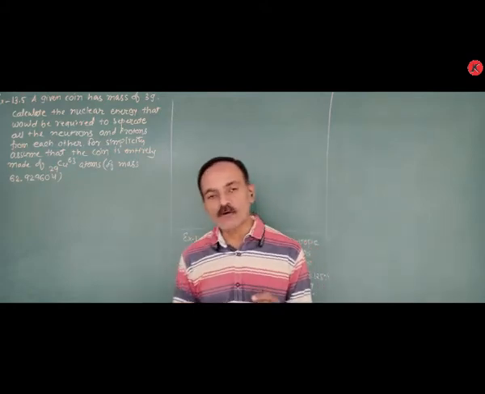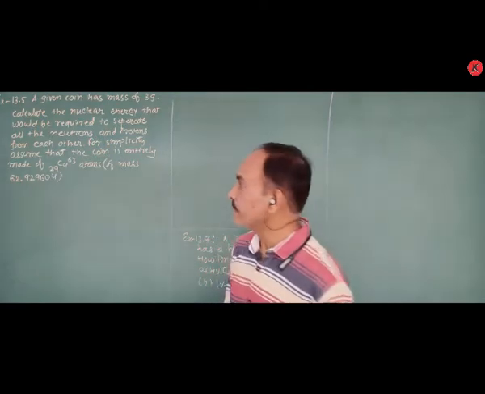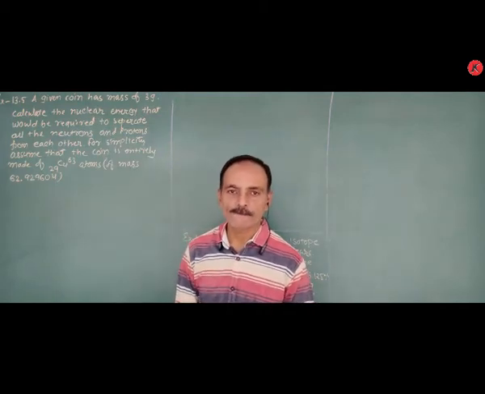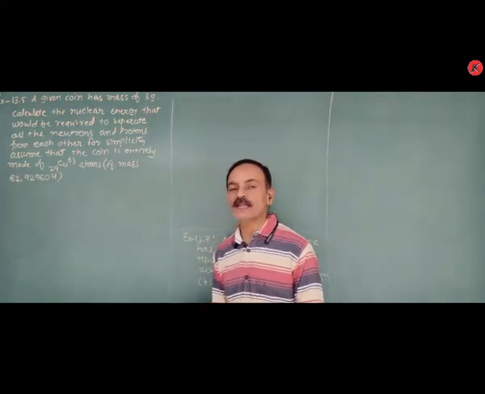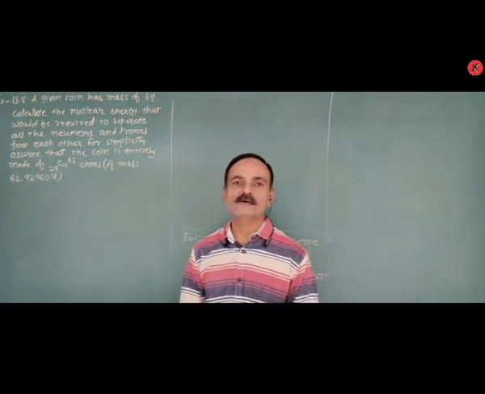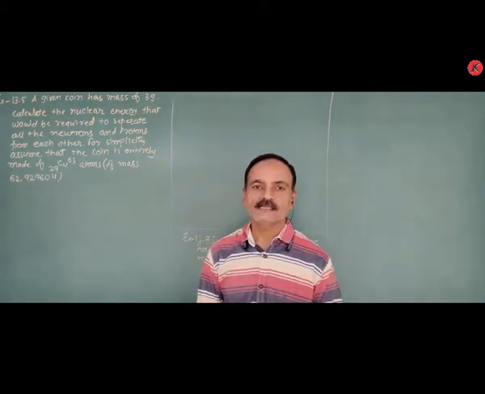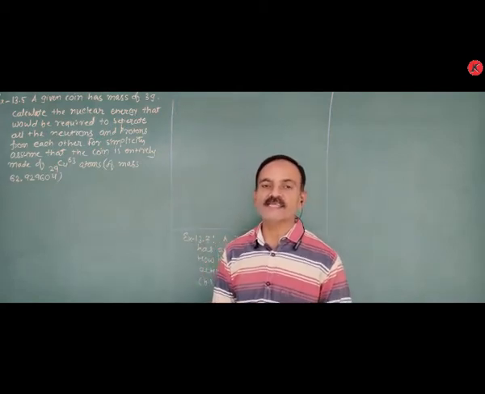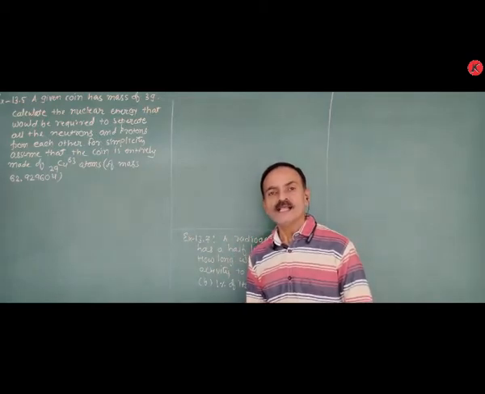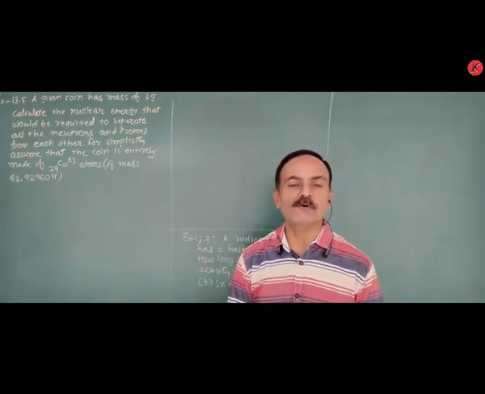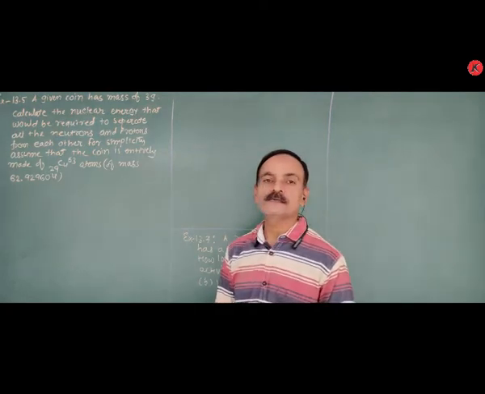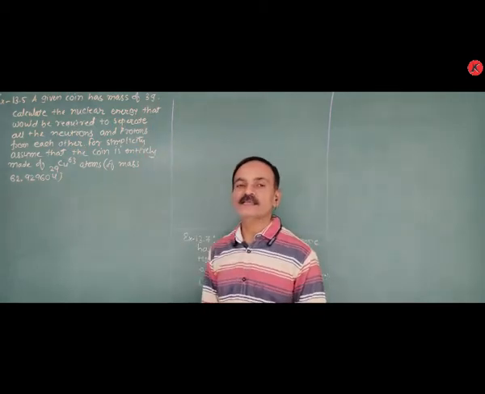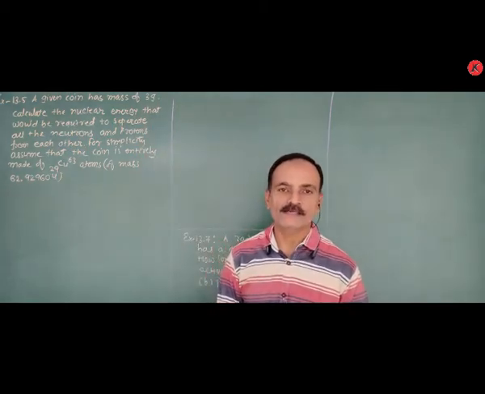So we have to calculate how much minimum energy is required to separate the proton and neutron from the 3 gram copper coin. For that purpose, first we have to find out the binding energy of copper by calculating the mass defect of copper, and this mass defect is multiplied with 931.5 MeV. After finding the binding energy for copper, we have to find out how many atoms are present in the 3 gram copper coin.